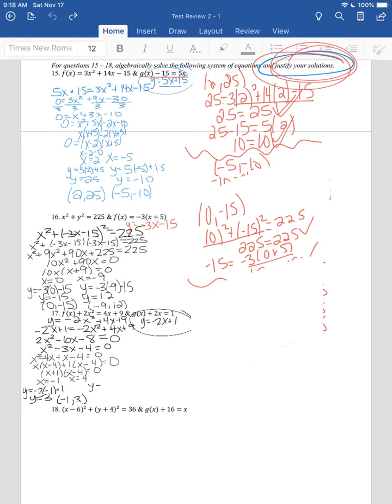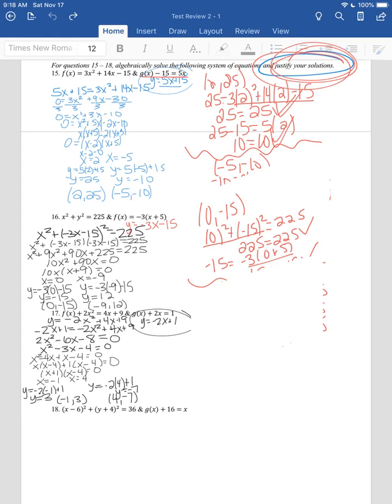Y equals negative 2 times 4 plus 1 gives me y equals negative 7. So this point is 4, negative 7. And then I would justify, so I plug in 4 times. And then lastly, number 18.